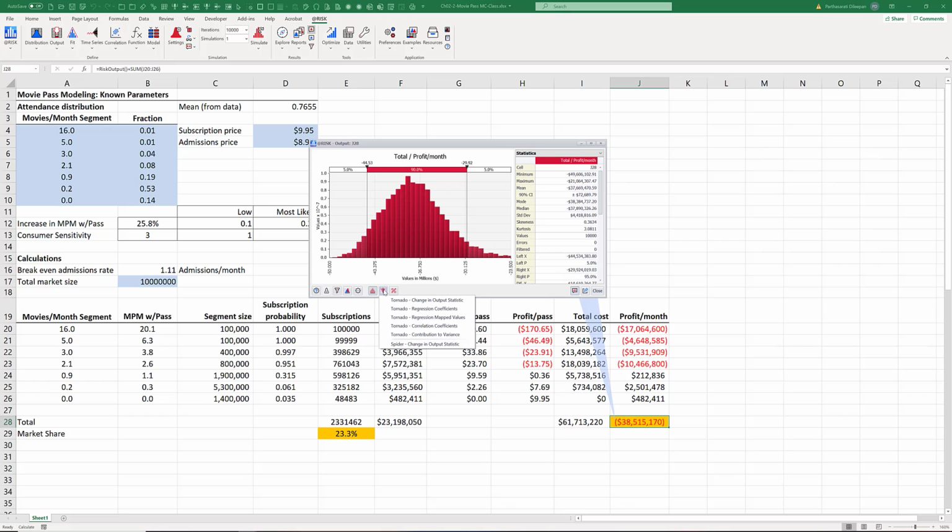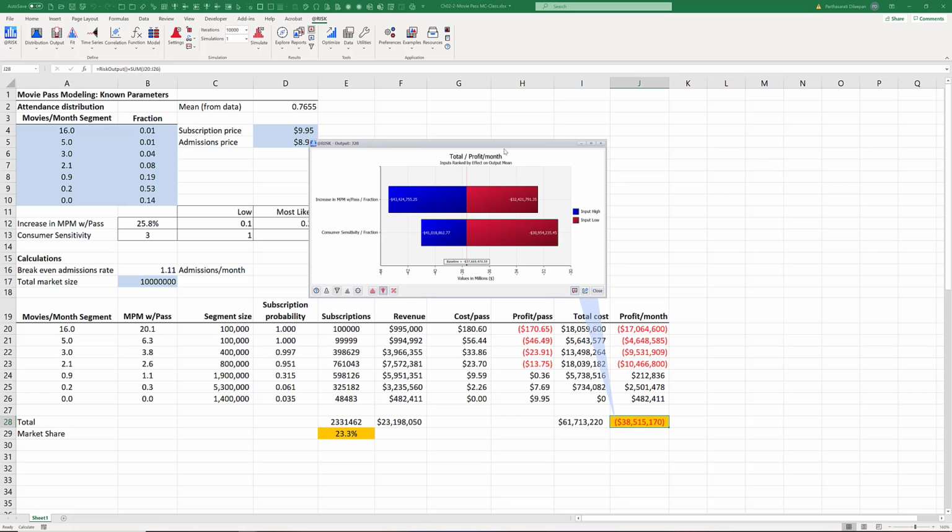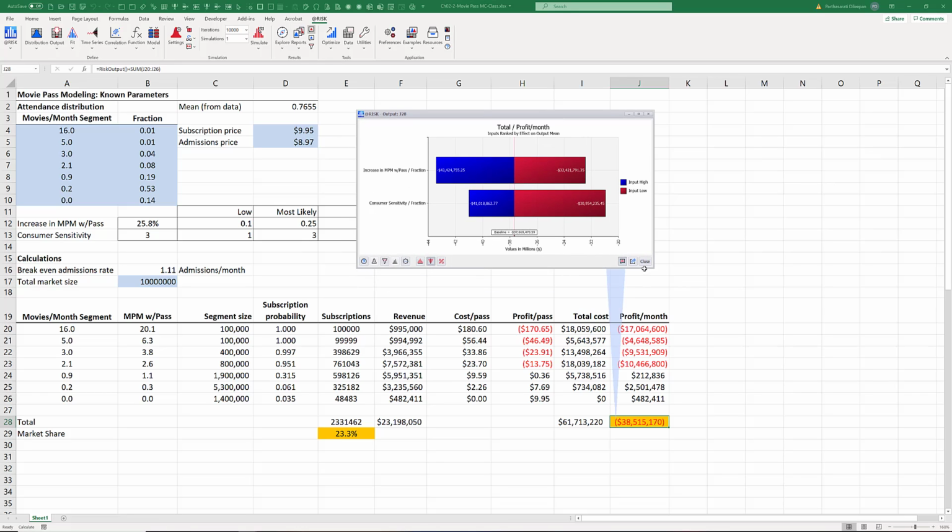Then we have the tornado. This tornado map shows us what happens to our profit during the variations of different inputs. We have two inputs, movie going rate and consumer sensitivity. Here, increase in movies per month. We already saw the variations in that in the chart.